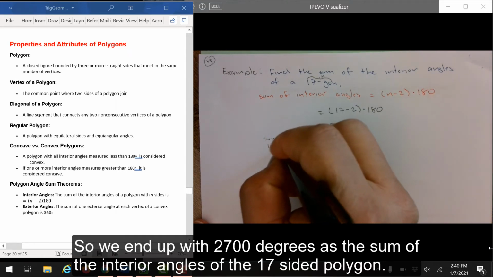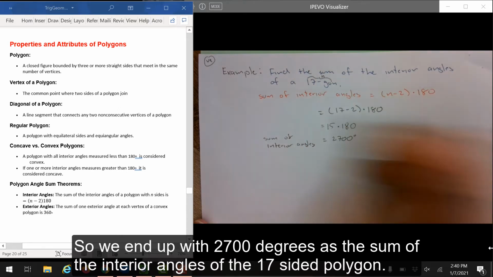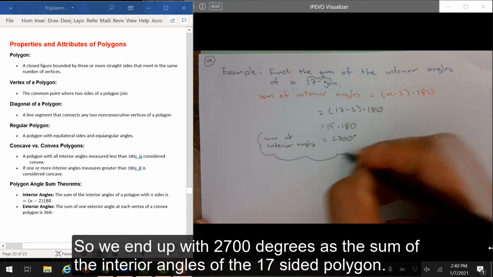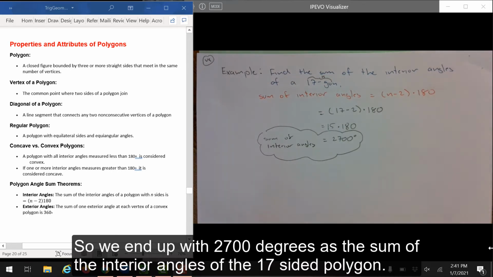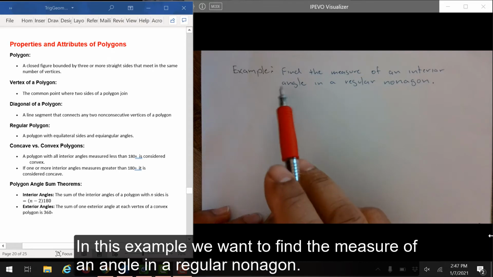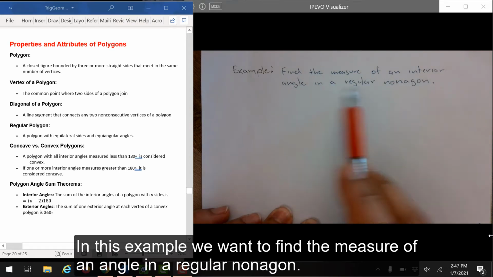So we end up with 2700 degrees as the sum of the interior angles of the 17-sided polygon. In this example, we want to find the measure of an angle in a regular nonagon.